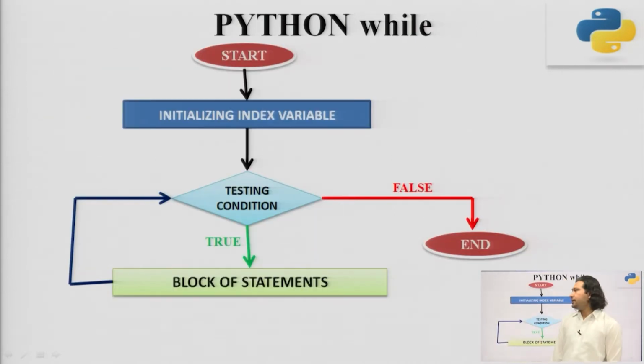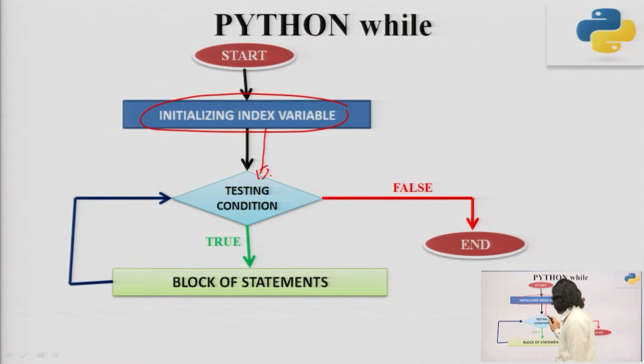Now, this is a little bit of a flow diagram representation, or you can say the graphical representation of the while loop, showing how the while loop works. When we are starting with the while loop, the very first thing in the basic model is we are initializing the index variable, and with the help of this index variable we are making a condition like I is less than equal to 6, here I is equal to 1.